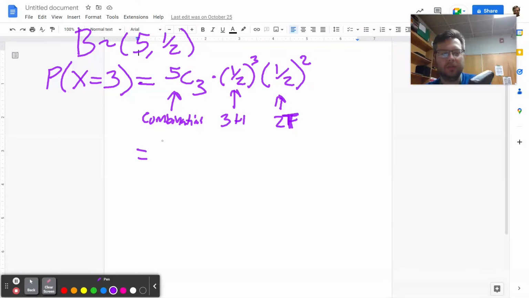So go 5, hit the math button, go over to your probability menu, number 3 down there, 5 choose 3, and then times 1/2 to the third and 1/2 to the second. Comes out to be 0.3125. What we calculated on the last page was 10 out of 32, which is the exact same thing.